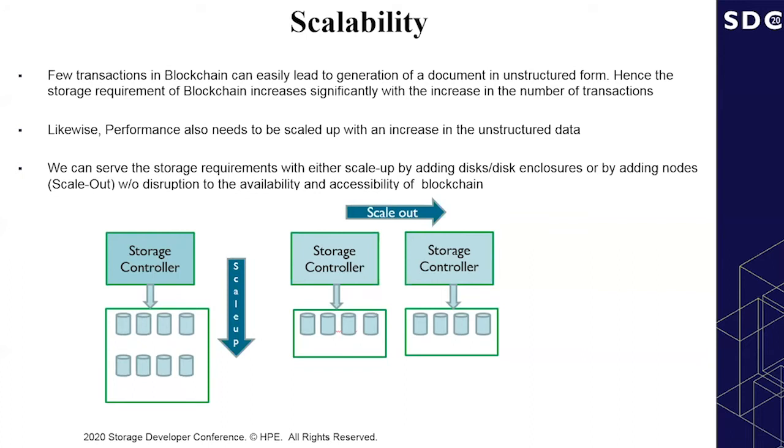So as expected, if the transaction produces one document for every 3 or 5 transactions recorded, which is based on the industry standard, the off-chain storage requirement for a blockchain will soon exceed by an order of magnitude. Likewise, performance also needs to be scaled up with an increase in the unstructured data.